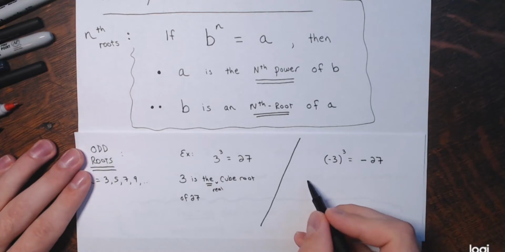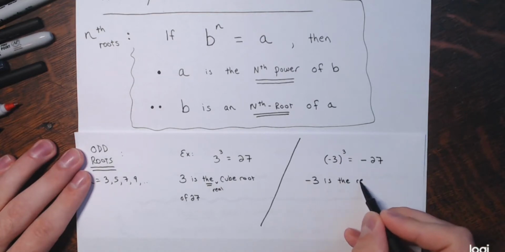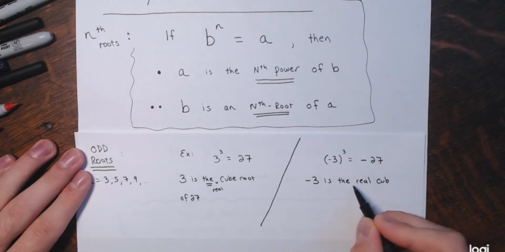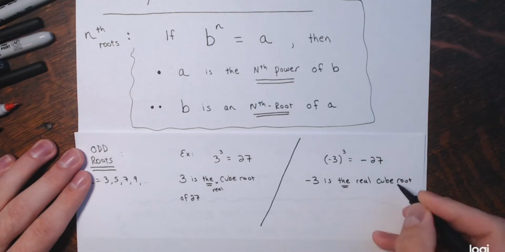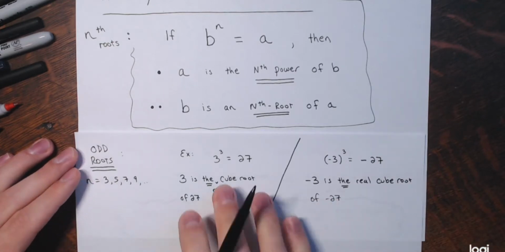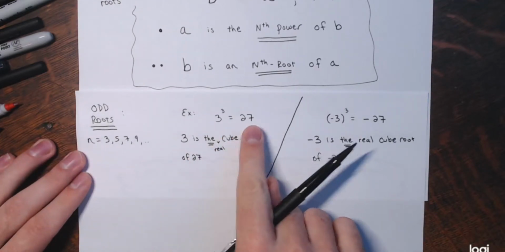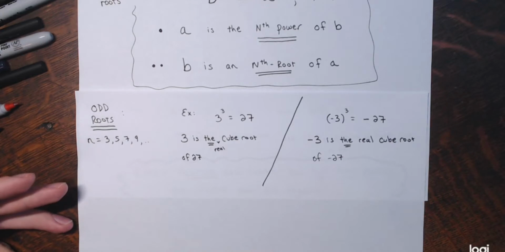Negative 27, negative 3 is the real cube root. Right? The only one. Third root, cube root of negative 27. And notice, one output was positive, one output was negative. It wasn't always positive like when you raise things to even powers.